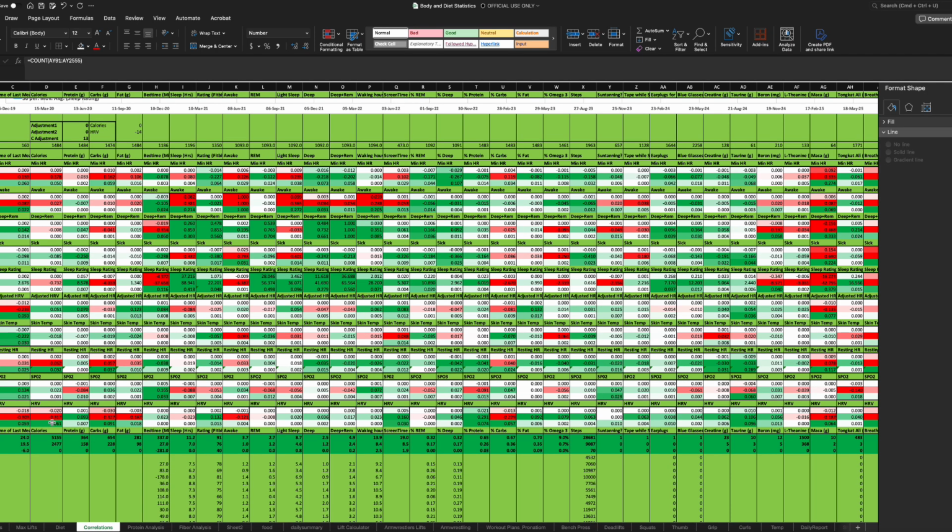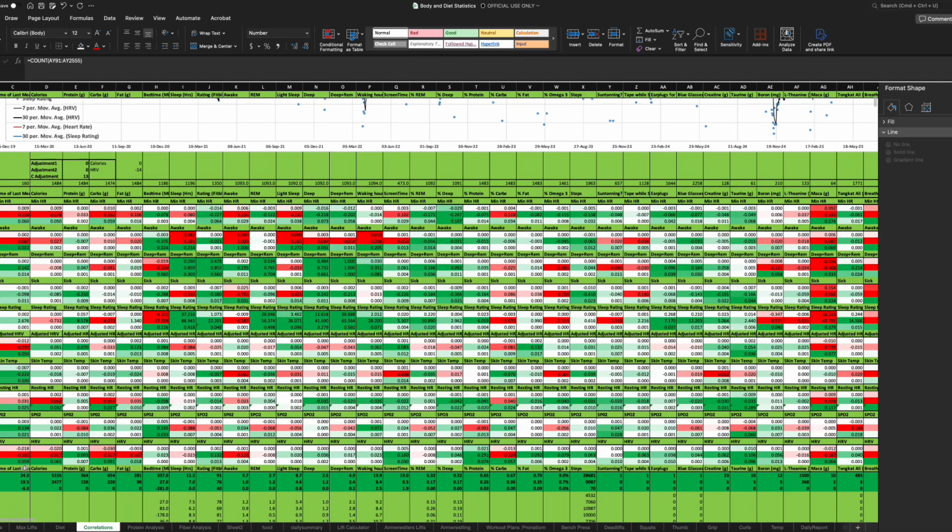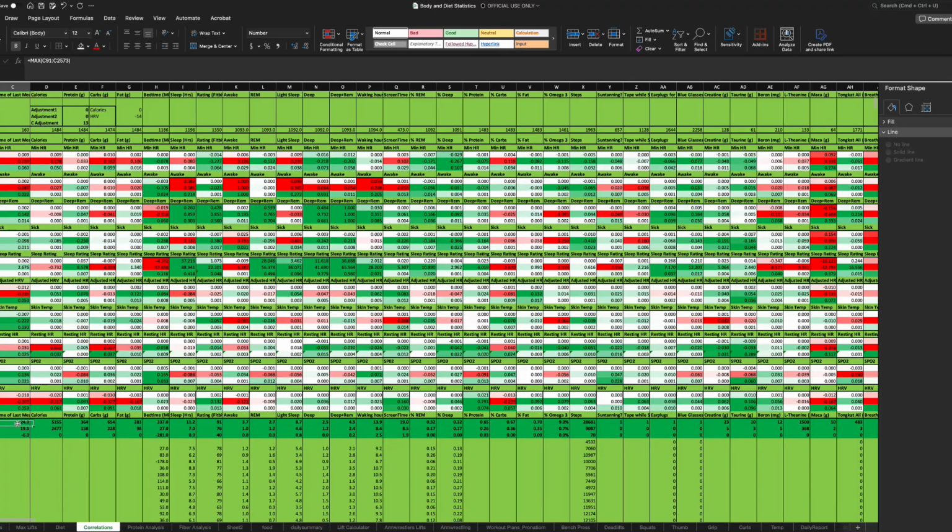So, for example, here I've got time of the last meal in the first column, and it's basically, in a 24-hour clock, what time I had the meal. Negative would be the day before, so that means I fasted the whole day and the last meal was the previous day.